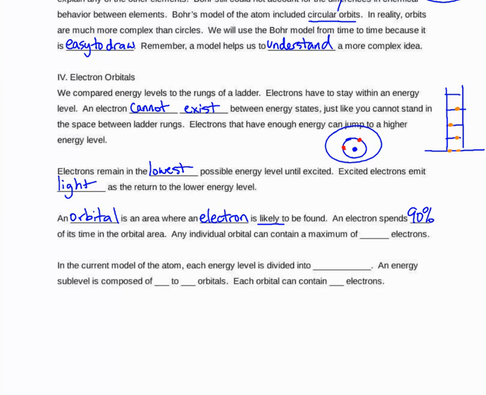When we're talking about orbitals, there are a bunch of different orbitals. Any individual orbital can contain a maximum of 2 electrons. An orbital could have 0 electrons, it could have 1 electron, or it could have 2 electrons.